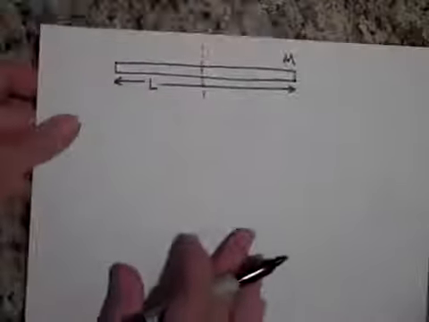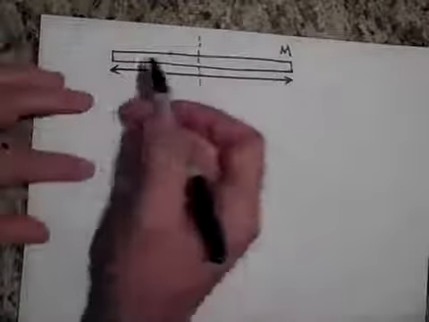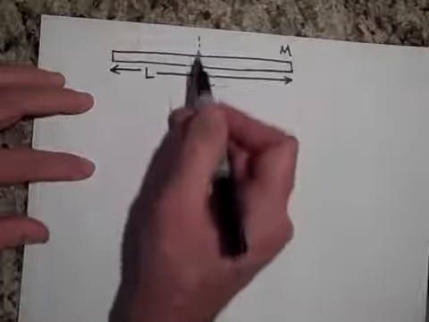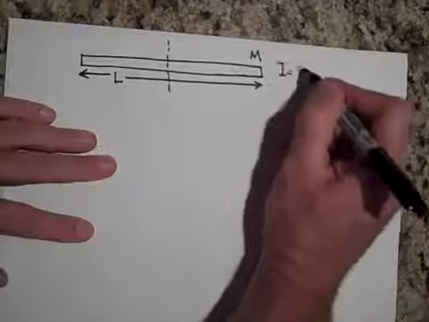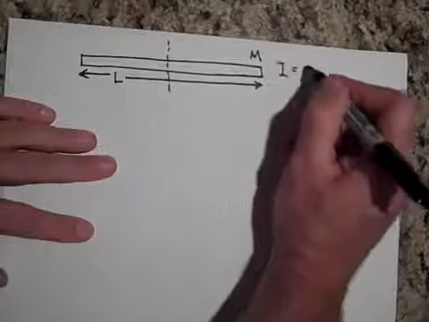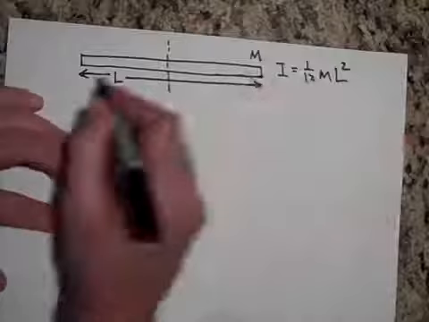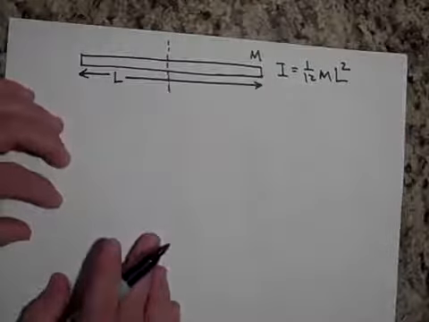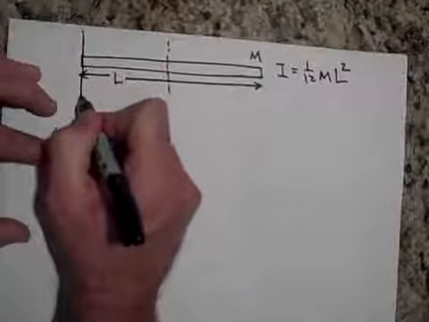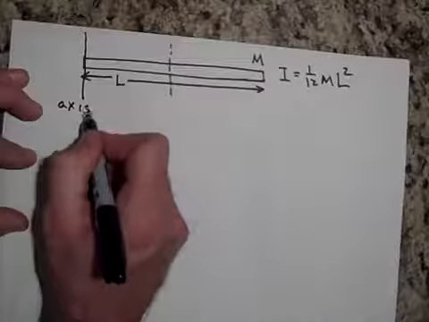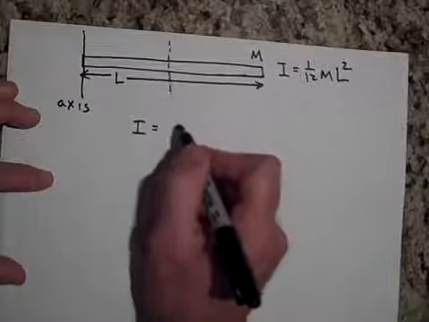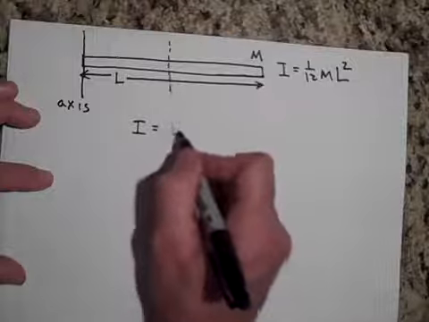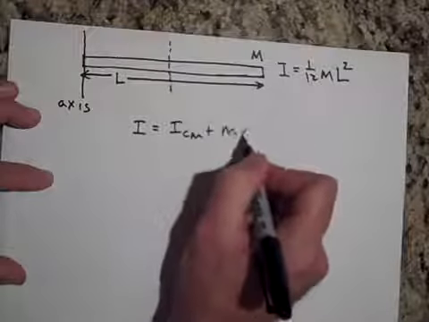Let's get one more done here. If you look in that table, again, you'll see that for a rod going about its center of mass, if it's a very thin rod, the I is going to be equal to 1/12 ML squared, where M is the mass and L is the total length. Okay, well, what if I wanted to know the I about this axis? See how those are parallel? Well, that I about this far axis would be the I through the center of mass plus md squared.